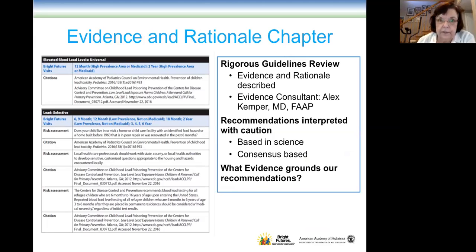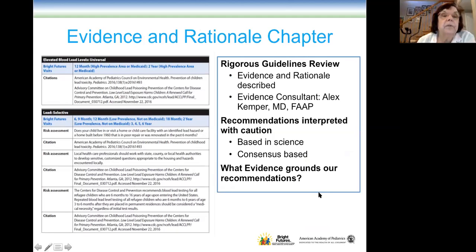So if you're curious about things that are necessary, for example, this is part of the evidence and rationale chapter for elevated blood lead level. And so at 12 months in high prevalence areas, at 2 years in high prevalence areas or Medicaid, they recommend testing for lead levels.